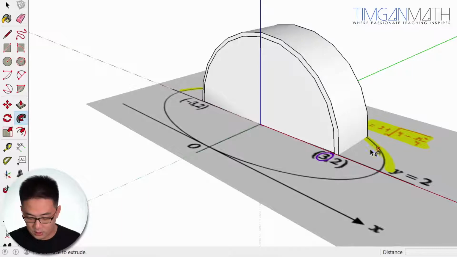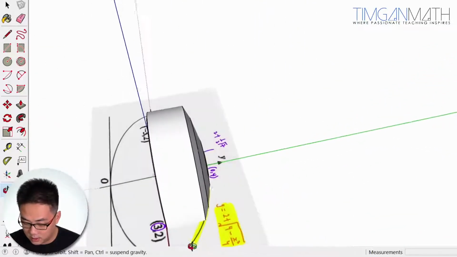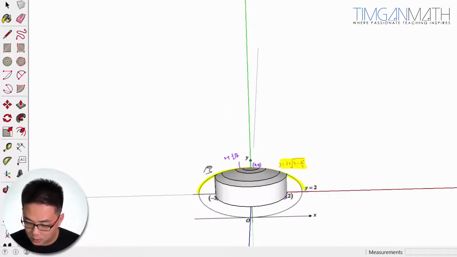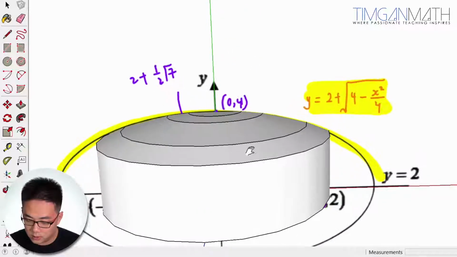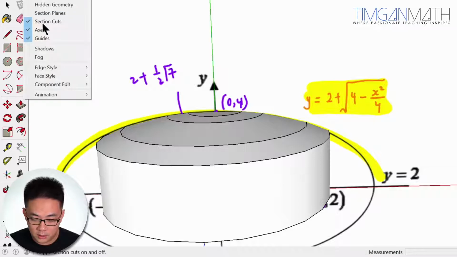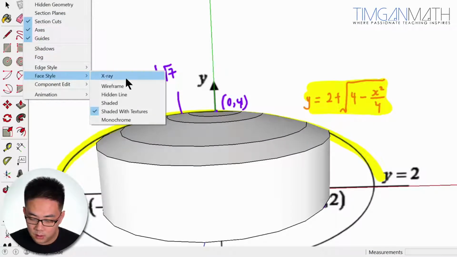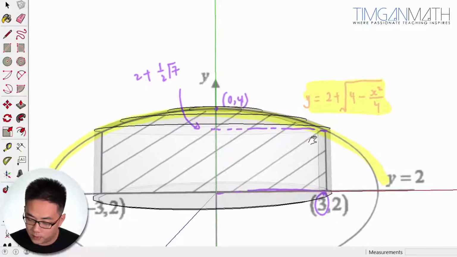Now, what I need you to understand is that essentially there's a small cylinder below here, and there's a top curvature here. So what you need to do is integrate from this side to this side. For this part, you could just apply the cylinder formula, whereas from 2 plus root 7 to the 4 here, you integrate under this curve and rotate about the y-axis.